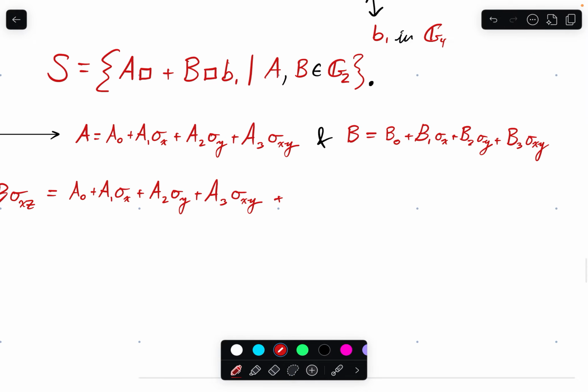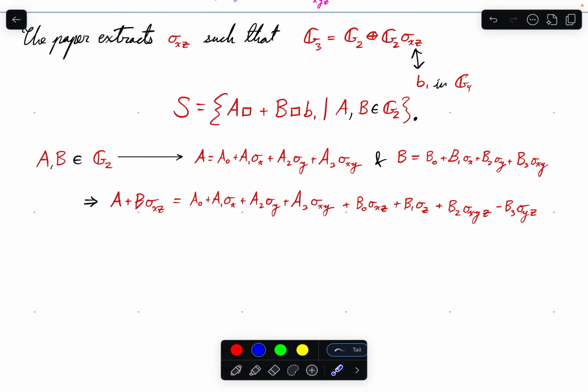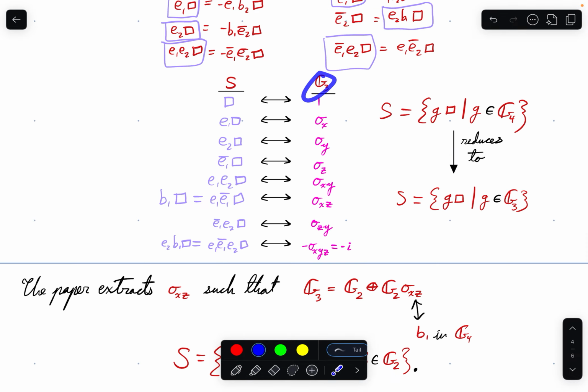Then plus B naught sigma XZ plus B1 sigma Z plus B2 sigma XYZ plus B3, then it'll be minus sigma YZ. Like this. And you can see that I have every basis element for G3.